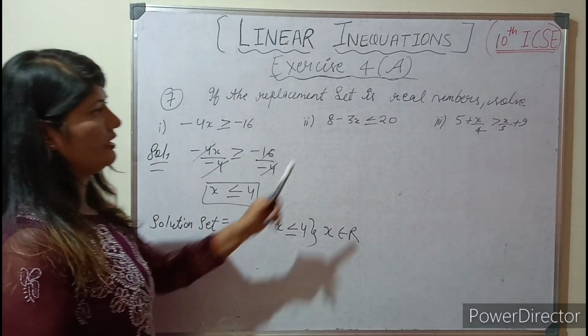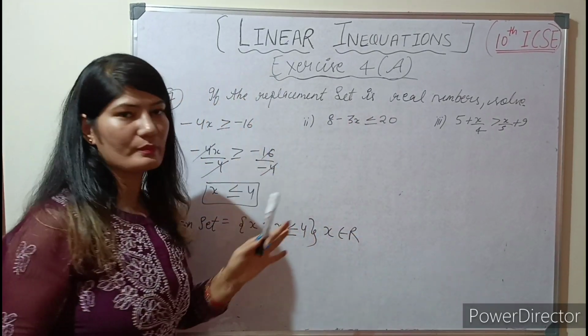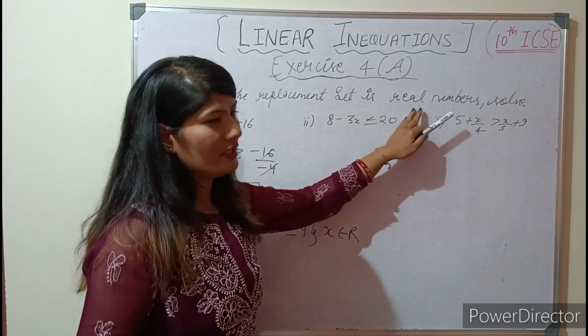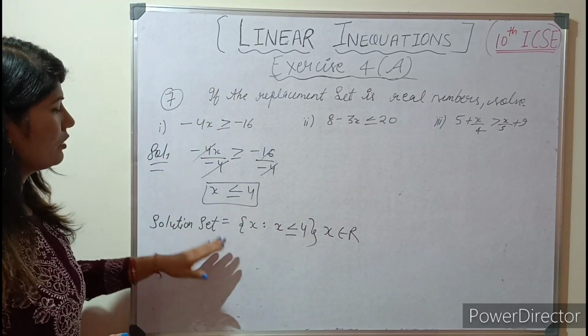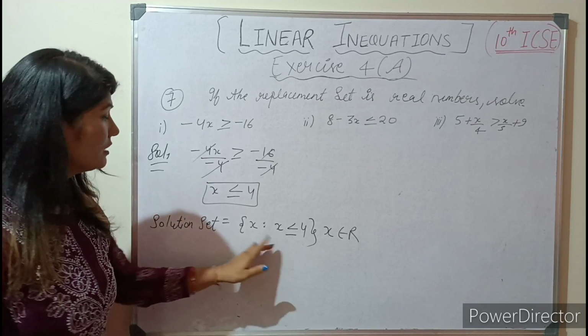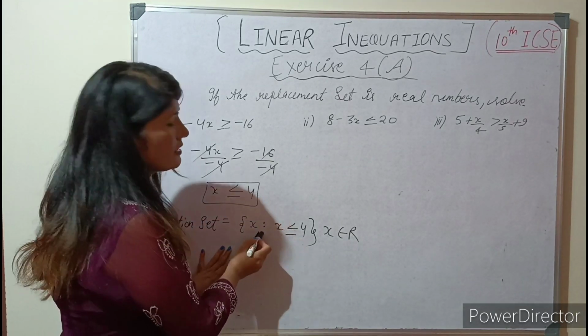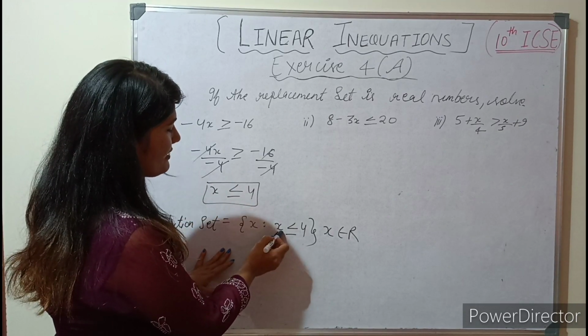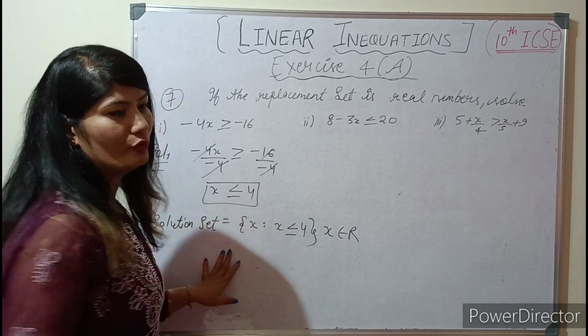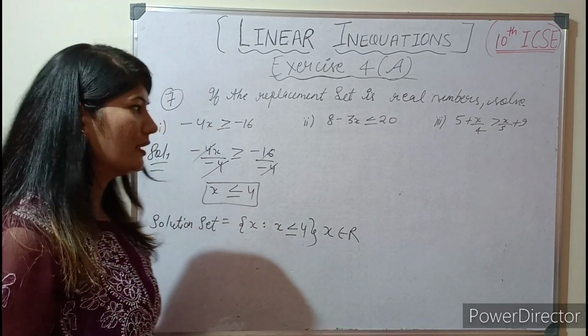Whenever the replacement set is real numbers, the solution set will always be in this form. Clear? You draw a curly bracket, write here x, such that the value of x is less than or equal to 4, where x belongs to real number.